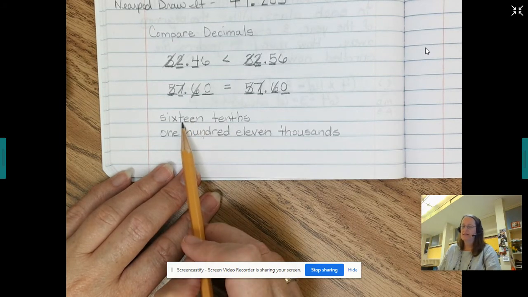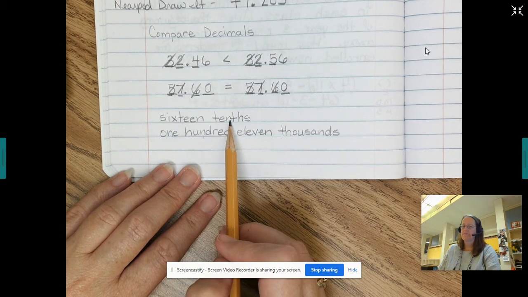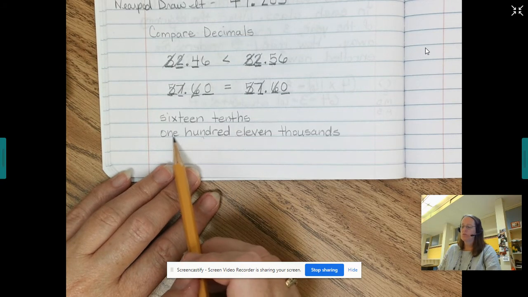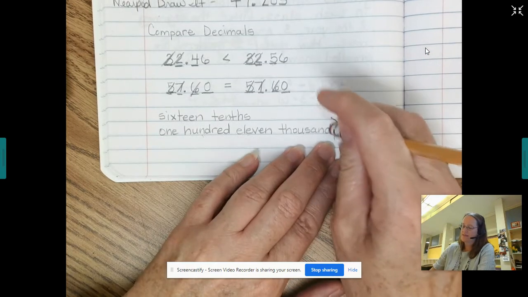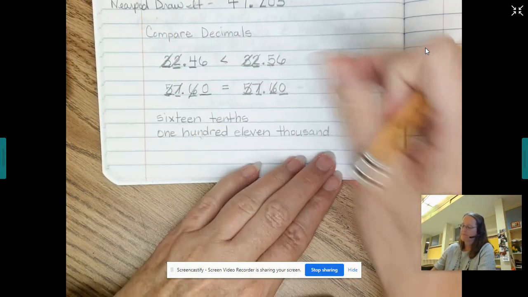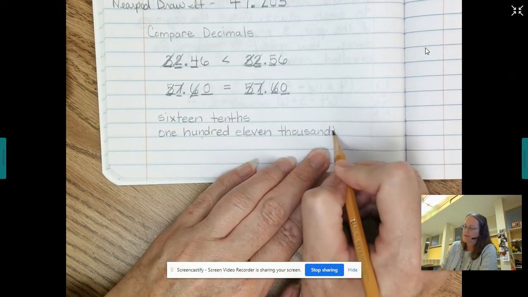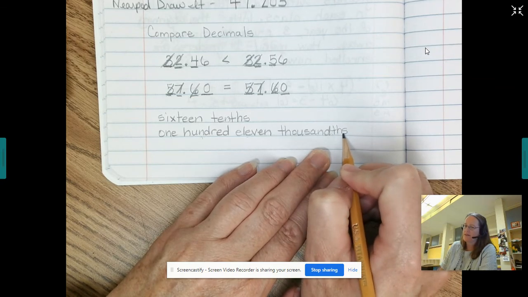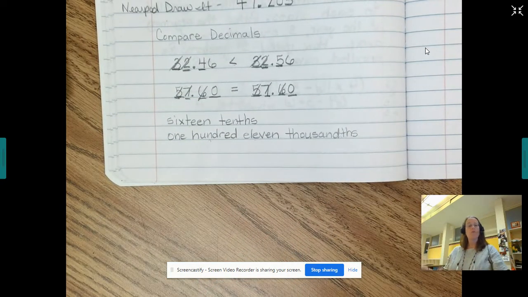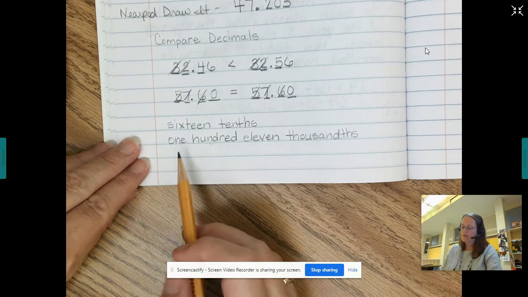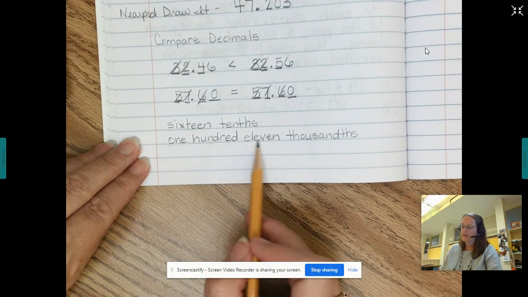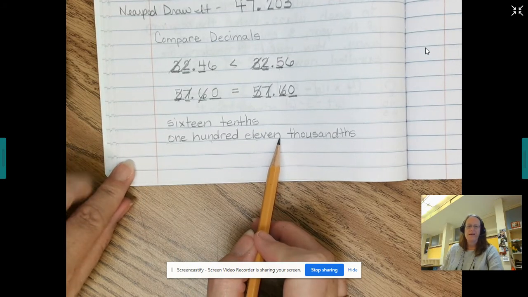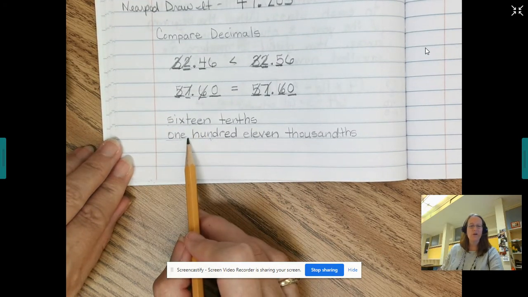This one says 16 tenths, and this one says 111 thousandths. I'm going to put that THS on the end. Thousandths. Well, gosh, 16, 111. 16 is less than 111.